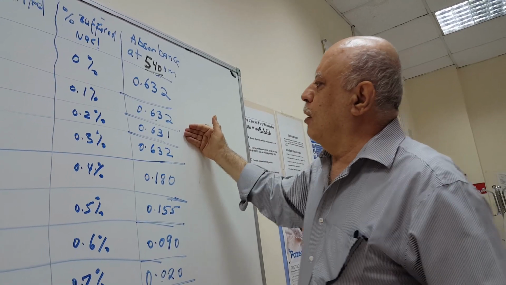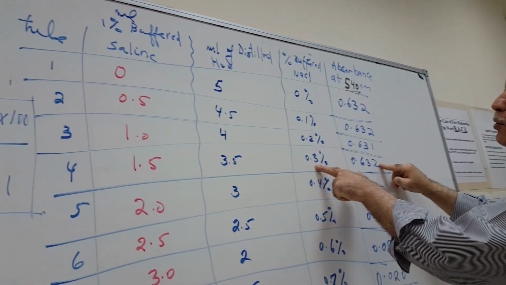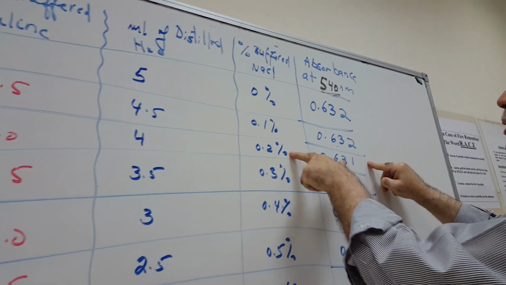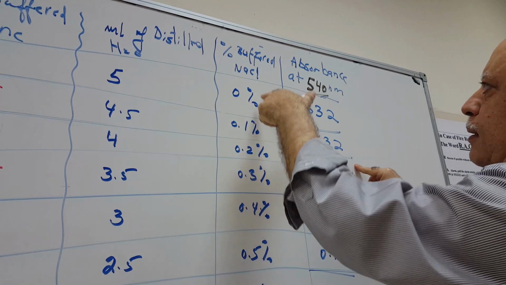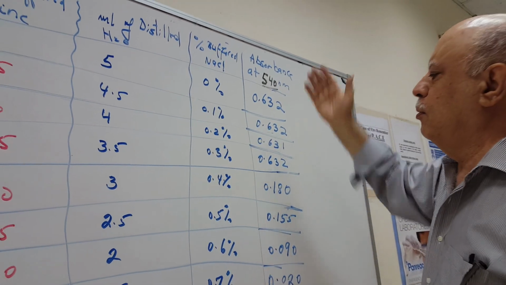See, so for concentrations of 0.3%, 0.2%, 0.1%, and 0% sodium chloride, they all lyse. They all show lysis. That's hypotonic.